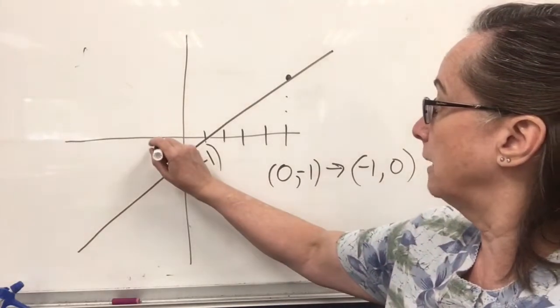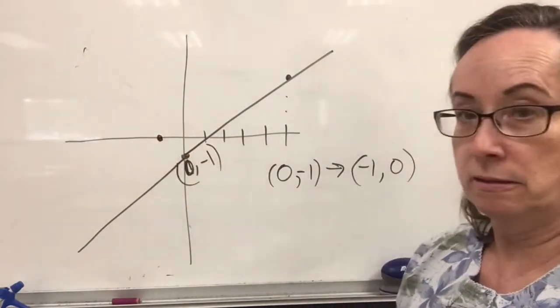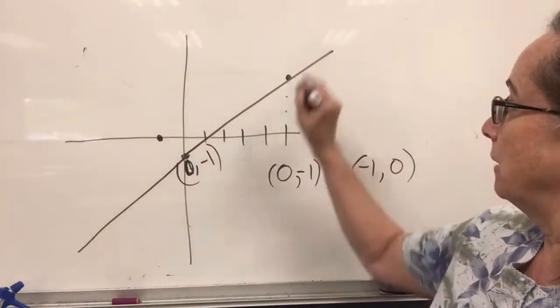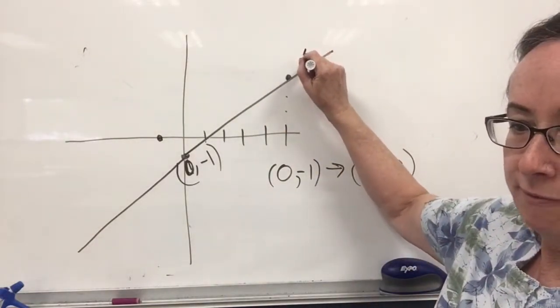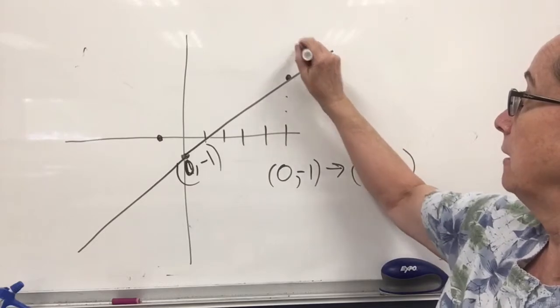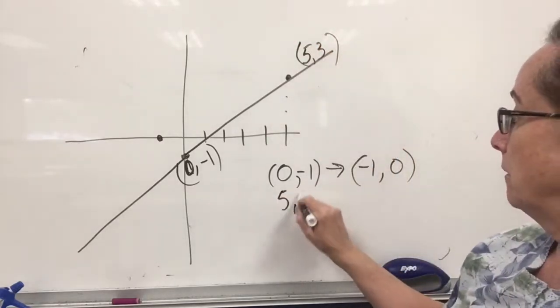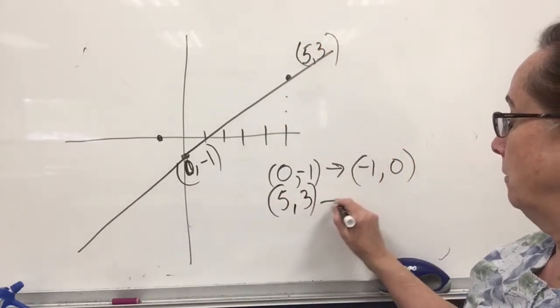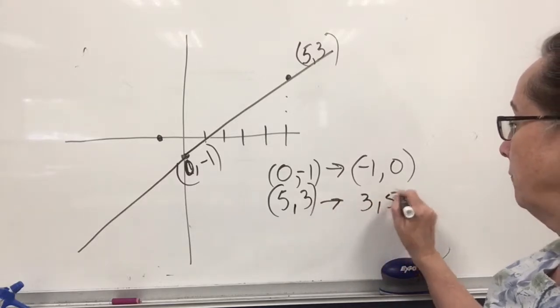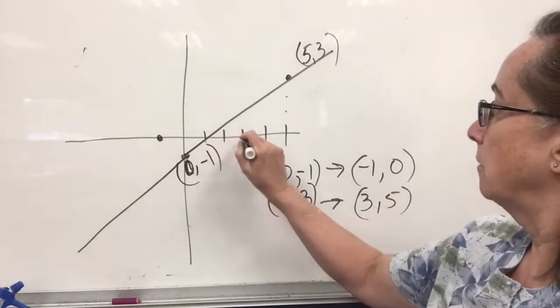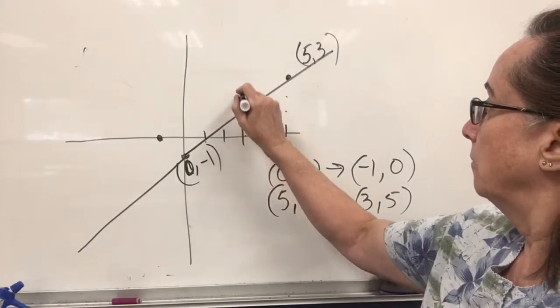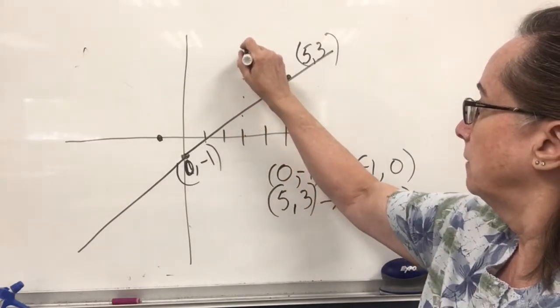So negative 1, 0 would be right there. And then this one is 5, 3. So the 5, 3 is going to turn into 3, 5, which is 3, 1, 2, 3, 4, 5.